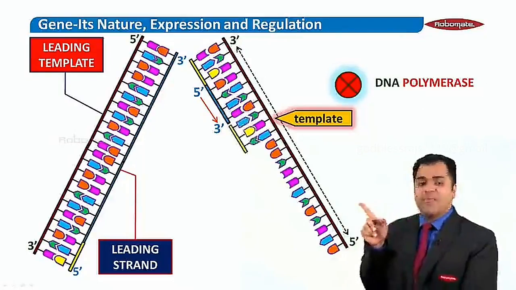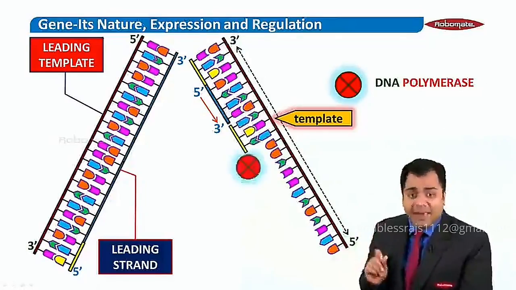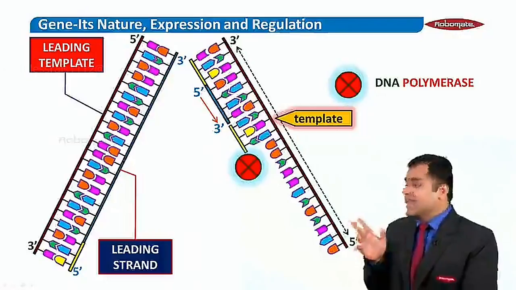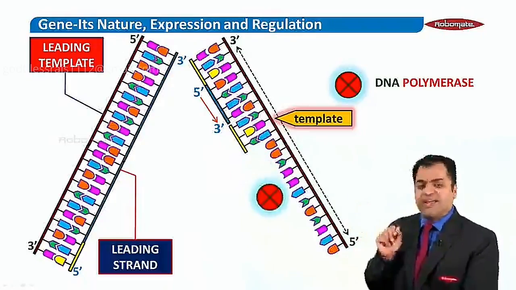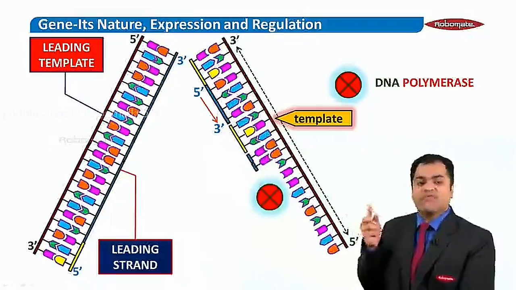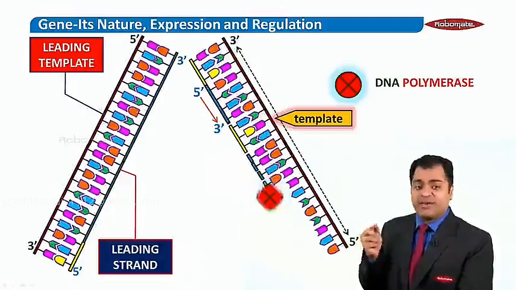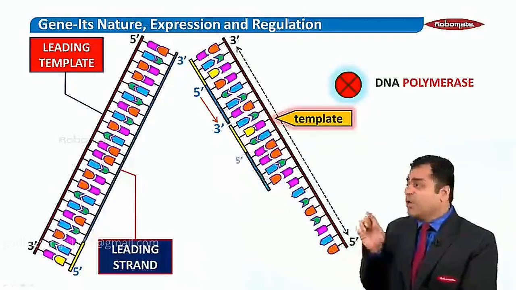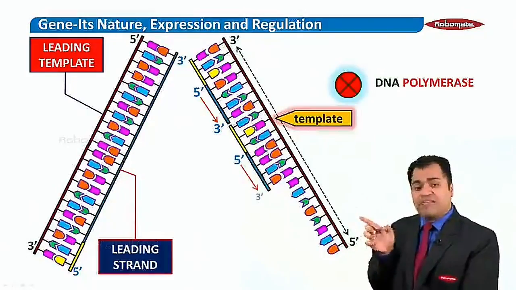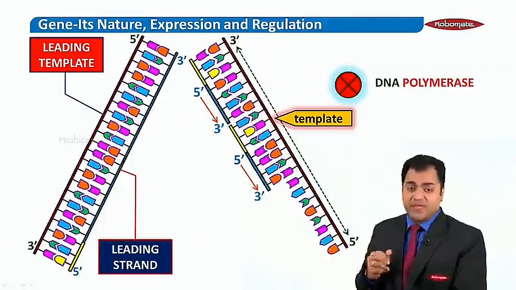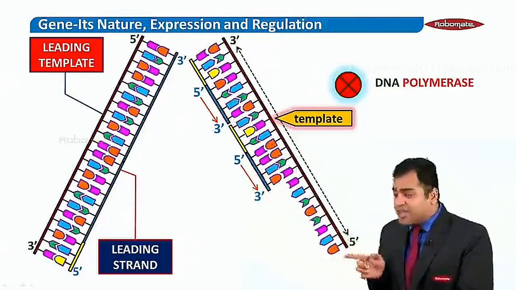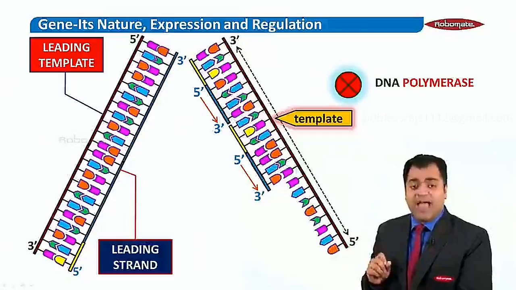Once again, we'll have a primer. Once again, there'll be polymerase. And once again, the polymerase will scan the template and add the complementary bases in the new strand. But again, only in a small fragment from 5' to 3'. Is that okay? Still, replication is remaining. Now what will happen?